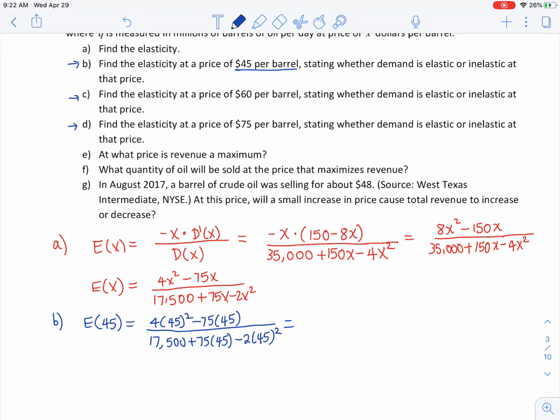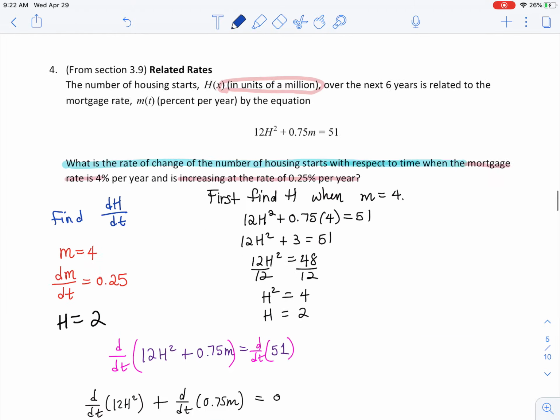All right, do you have a calculator with you? I do. Go ahead and type this into your calculator and see if you and I get the same exact thing. I'm typing this in. Minus 2 times 45 squared. When I typed this in, I got 189 over 673.